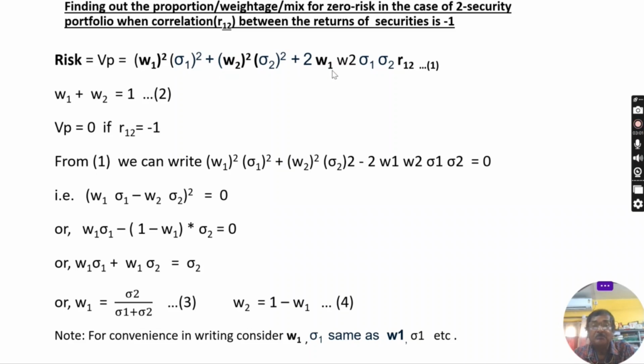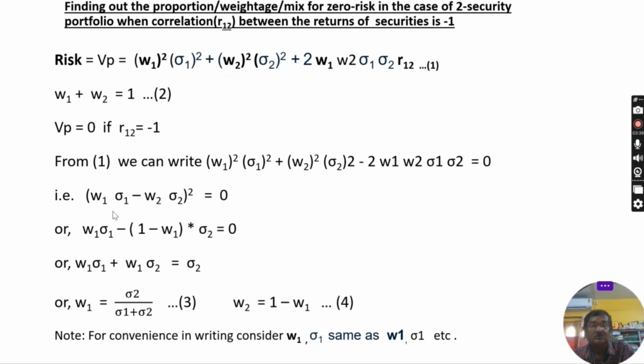So with the help of this formula, if we put the value of R12 equal to -1, then this equation will be as follows: W1 square sigma 1 square, this will be minus, because the value of R12 is -1, and this is nothing but the square of W1 sigma 1 minus W2 sigma 2. If you break this, then you will get this.